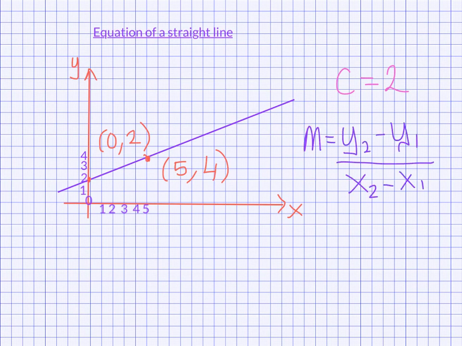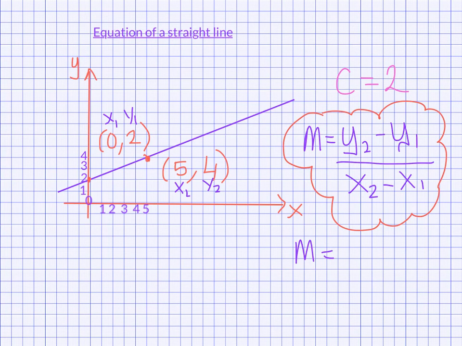Now remember before, our formula for gradient, m, is y2 minus y1 over x2 minus x1. I'm just going to label these points. So I'm going to make this x1 and y1, and I'm going to make this one x2 and y2, and I'm going to substitute those numbers into here.